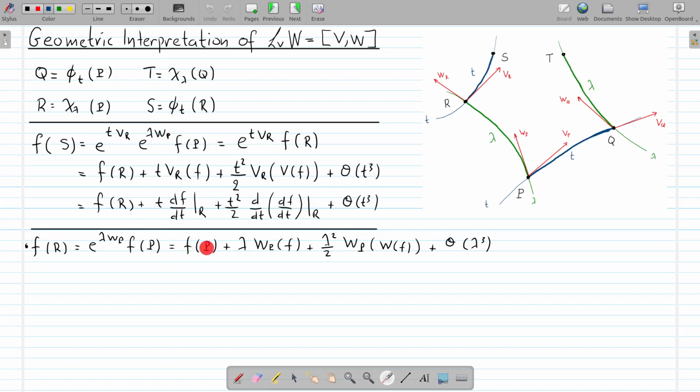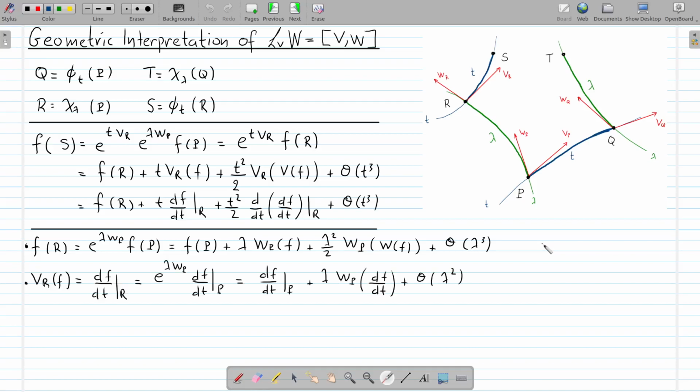That will give us again f of P plus lambda W_P acting on f plus lambda squared over 2. W of f gives us a new function, and acting with the vector W_P we obtain a number, plus terms of lambda cubed and higher which we ignore.